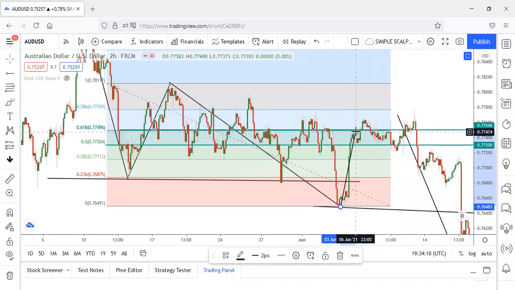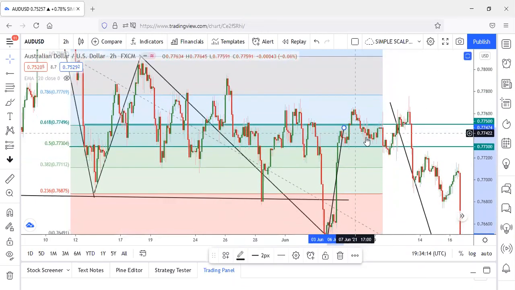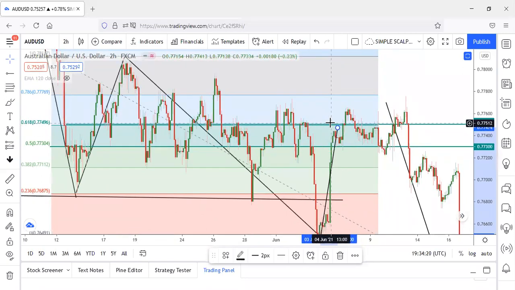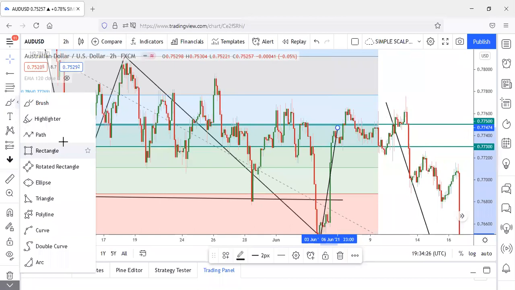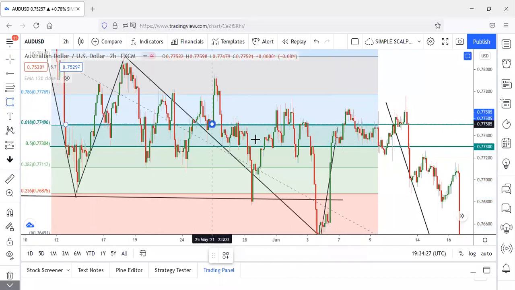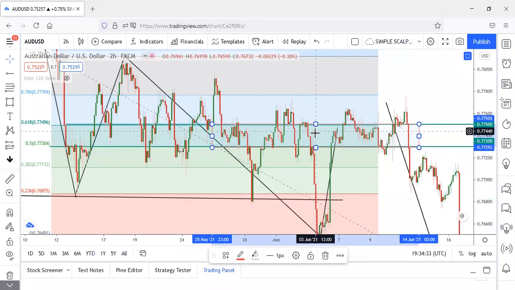and start looking out for price to travel up to the 61.8% level. Sometimes you may see that price may not even touch the 61.8% level, but it may rest somewhere here between 50 and 61.8%.